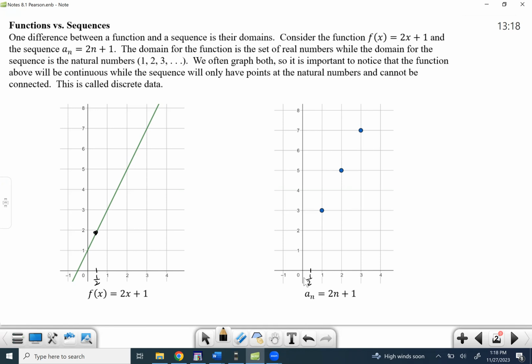There's not going to be a half term in the sequence. So you should have disconnected data here, or discrete data, versus here you have continuous data, okay? And they'll match at the integer or the natural number values, right? So they will have the same exact value at 1. They'll have the same exact value when x is 2, or the same exact value when x is 3. But resist the urge to connect these because that wouldn't make any sense if you were graphing a sequence.